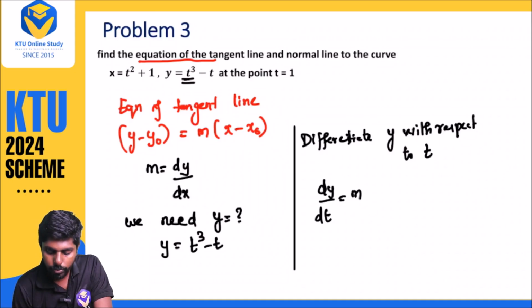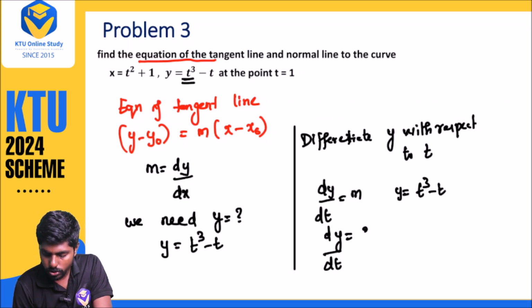So what will you get for dy by dt? y is equal to t cube minus t. When you are differentiating, the power n here is 3. So that will become 3 into t power 3 minus 1, minus t, where n equal to 1, therefore 1 into t power 1 minus 1.